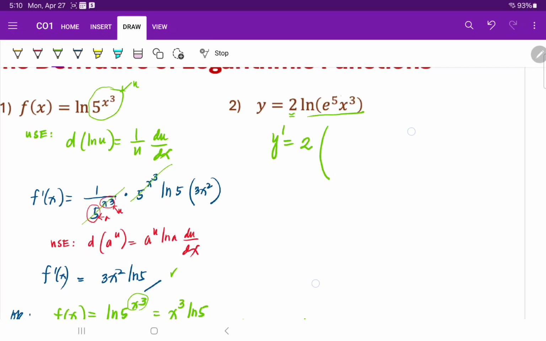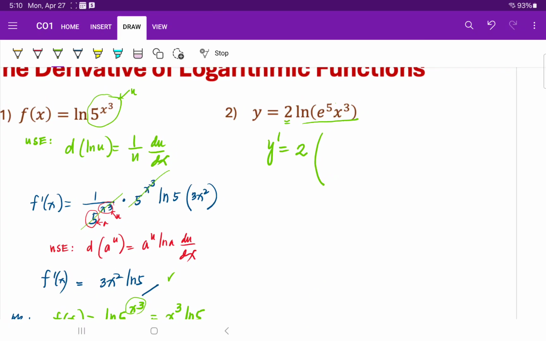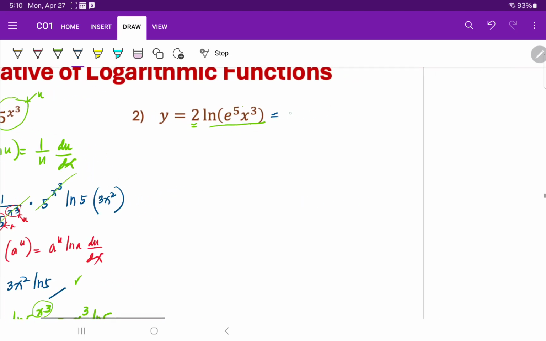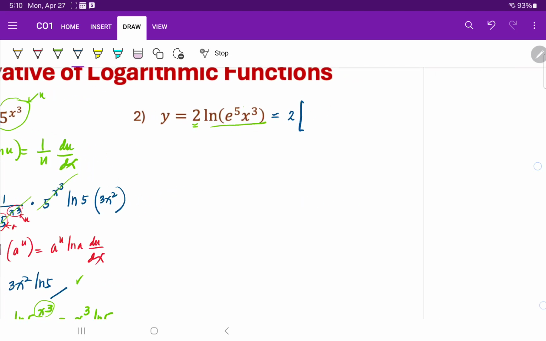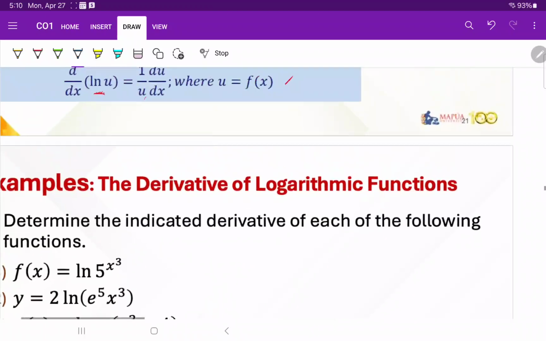But look at this one. You have here the derivative of the product. So it's easier if you're going to simplify this first. Because we can simplify this so that this is the same as 2 times ln of u times v.